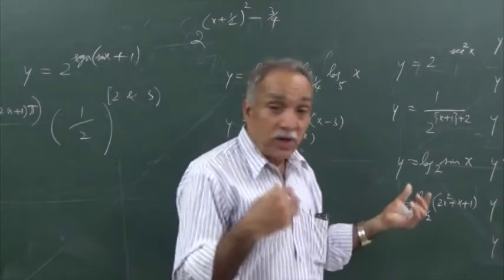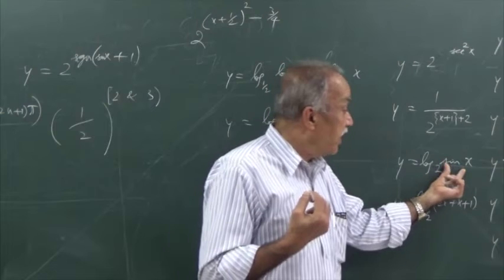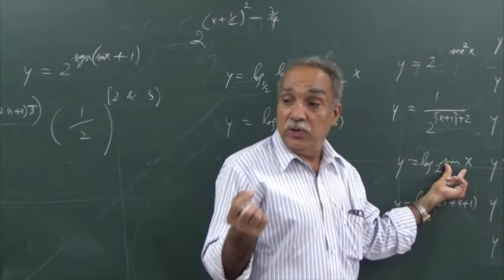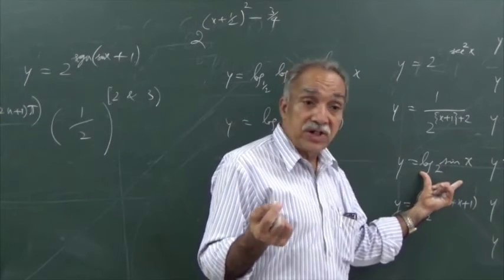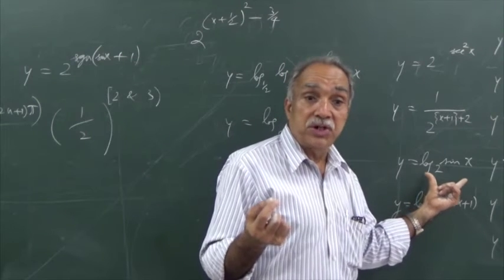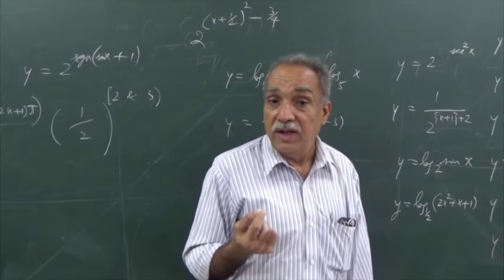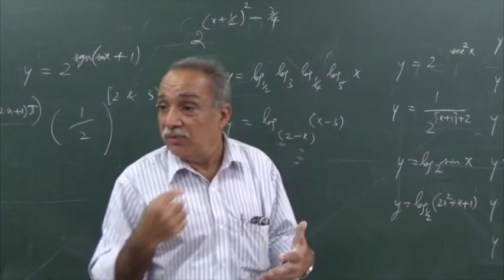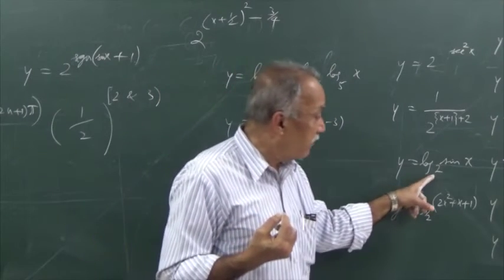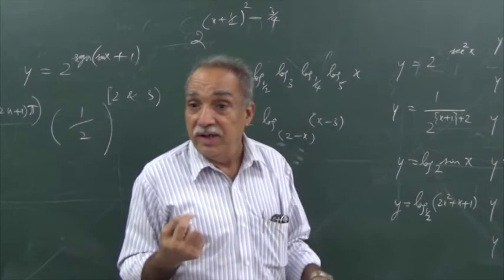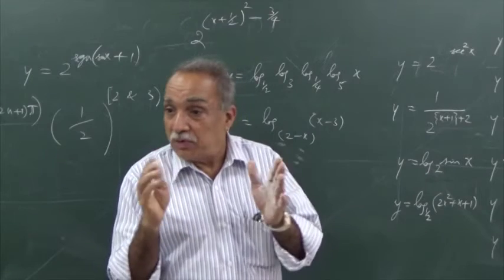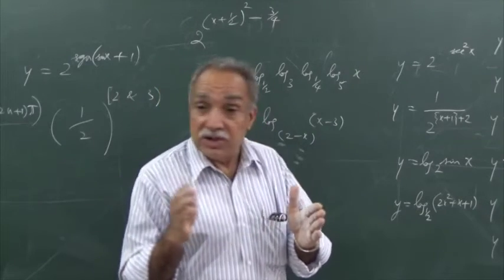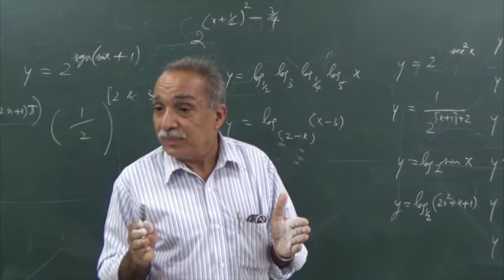At the retained points, this can have value between 0 and 1, excluding 0, including 1. Logarithm of such numbers, logarithm of numbers between 0 and 1. If you want to recollect the graph of log for base greater than 1, in that graph, what values are attained by the graph of the function in the interval 0 to 1?